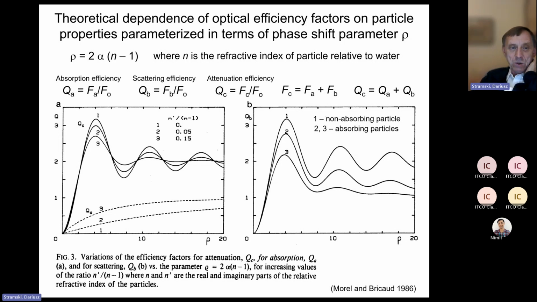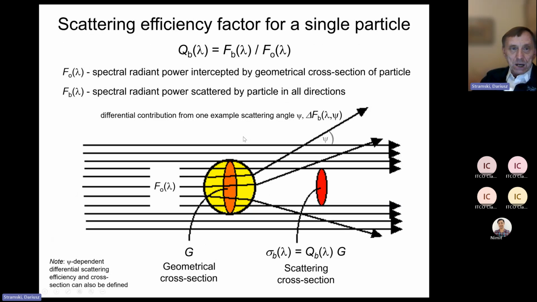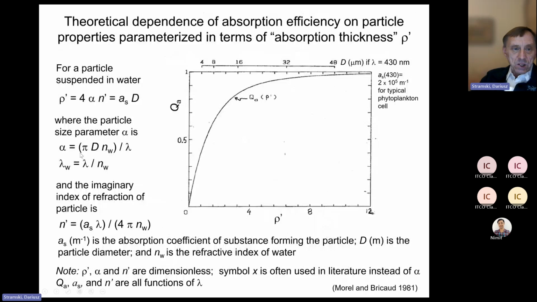It can also allow us to interpret our spectral measurements, because remember that alpha is defined, I can go back here to remind you, as d, essentially the diameter of particles, so a geometric size, divided by lambda.